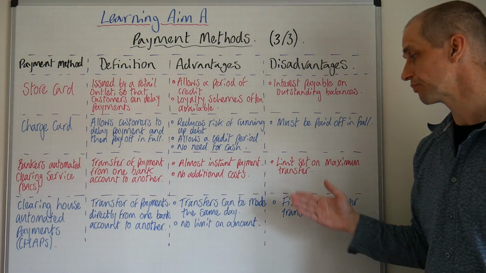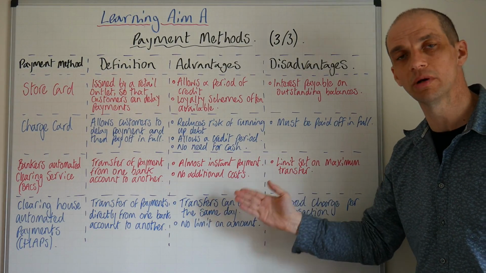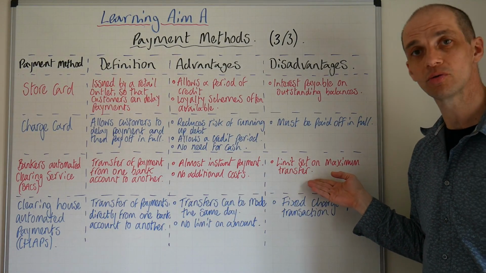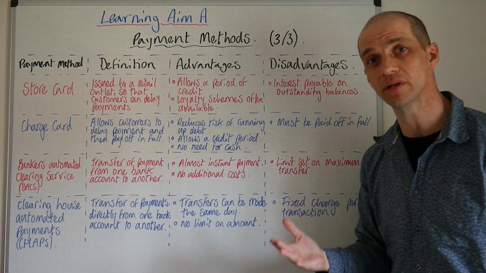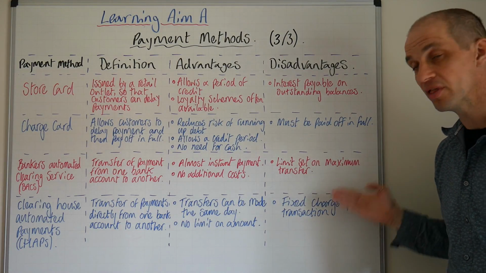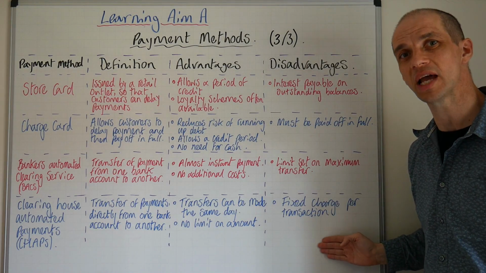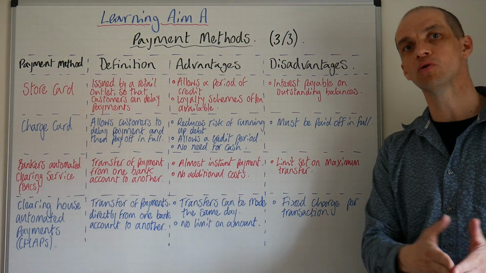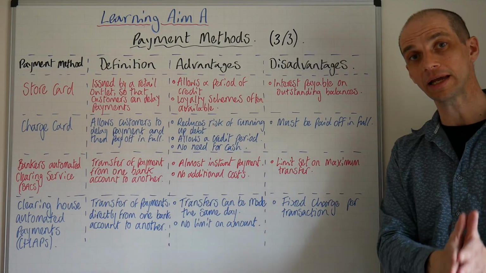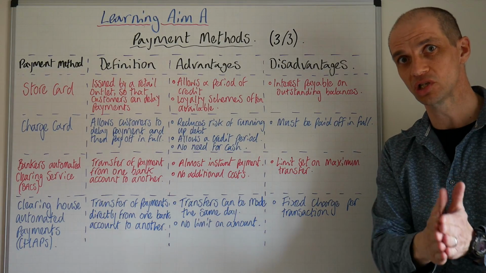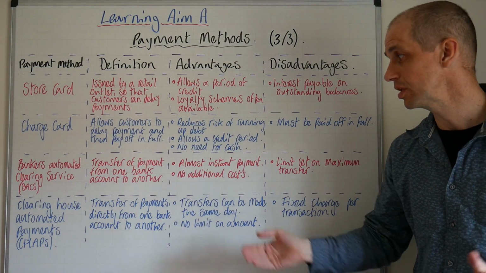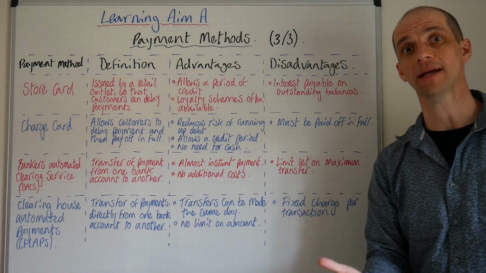Okay, so this is almost an instantaneous method. There's no limit on the amount. We saw with the BACS method there is a limit, okay, but there is a fixed charge per transaction. So if you are perhaps buying a house and you're late transferring funds to your solicitor, they won't allow you to use a BACS payment.